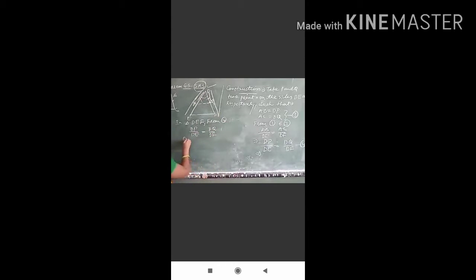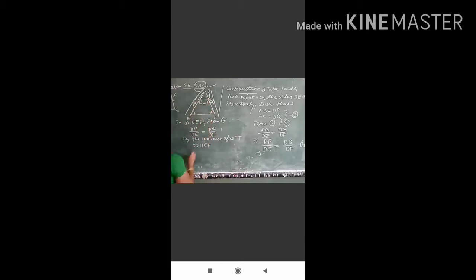So by the converse of BPT, the basic proportional theorem, what do we get? PQ is parallel to EF. Understood? If in any triangle the sides are divided in equal proportion, then the line is parallel to the third side. Okay, PQ parallel to EF.